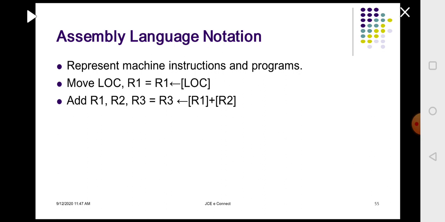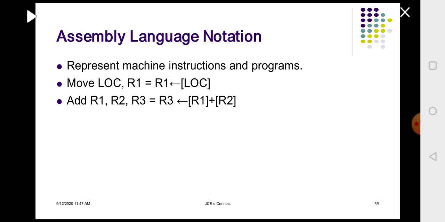With respect to these two instructions given here, MOVE and ADD are called mnemonics. Assembly language is a symbolic language using mnemonics to represent machine instructions. This is better than the binary language. The user cannot write a program in terms of zeros and ones.